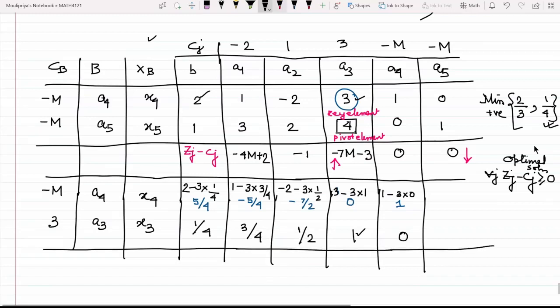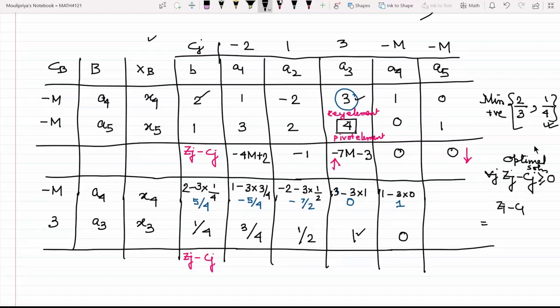That implies, yet again, we need to check whether what we got is optimal or not. That means we again need to calculate the index number for all the columns. So would you like to tell me what is the index number for A1? What about Z1 minus C1?